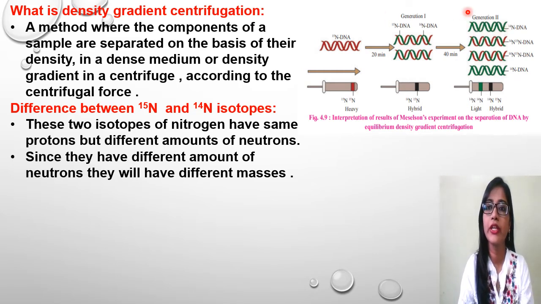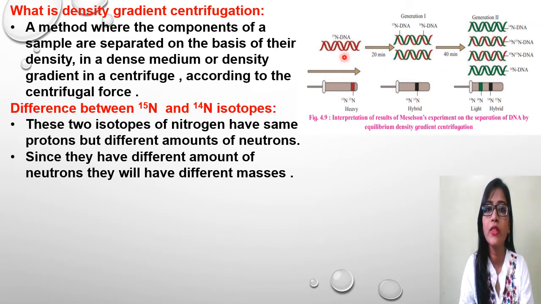So you can observe here, in the second generation we are getting a completely new band, N14, containing both strands of the DNA as N14, and here they are hybrid, while in this again they are N14.